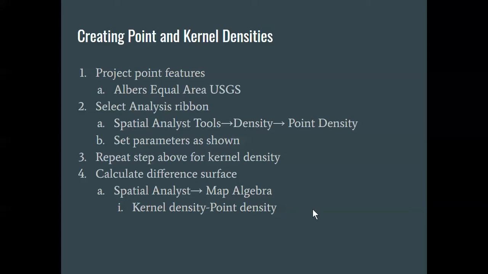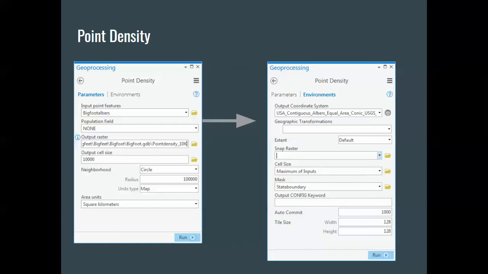All right, before I go any further, though, I want to just show you what your parameters are going to be, and then I'm going to open up ArcGIS Pro and we'll go through it. When we do a point density, the main idea is you're going to produce an output that is going to be point density, and we're going to use a 10-kilometer grid cell size. It's going to calculate fairly quickly that way. So our input is going to be our projected Bigfoot points.